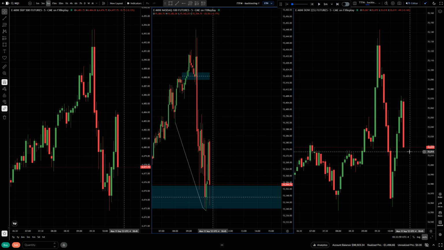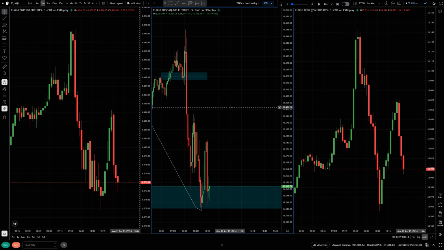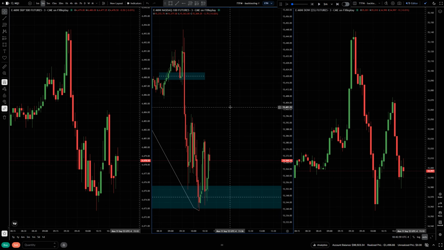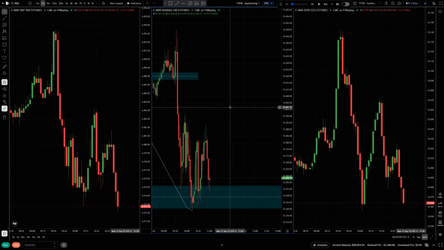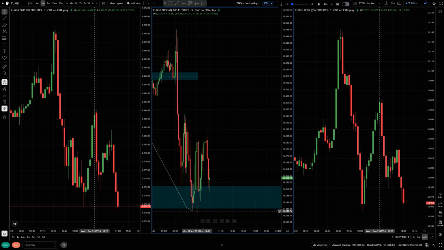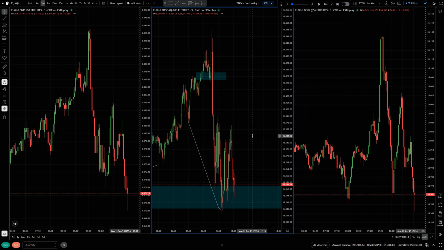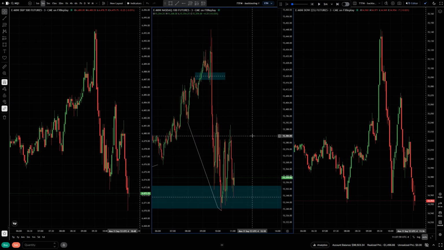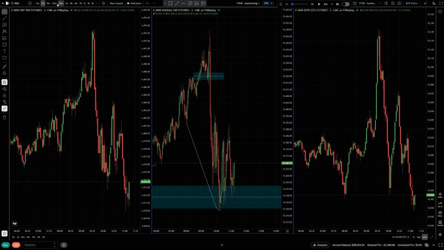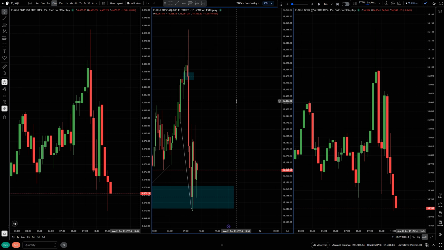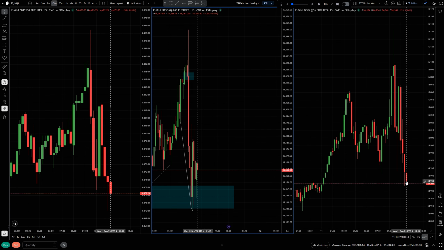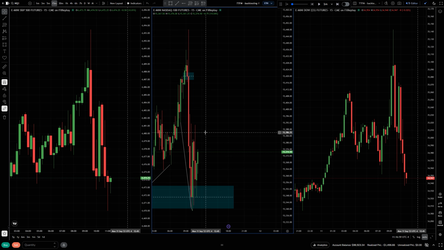But as you can see, we're just ranging now. We have to take out either the high or the low to see some sort of reaction. I want to see a reaction out of YM.